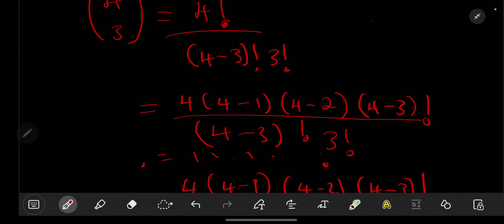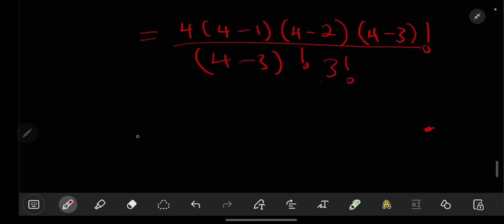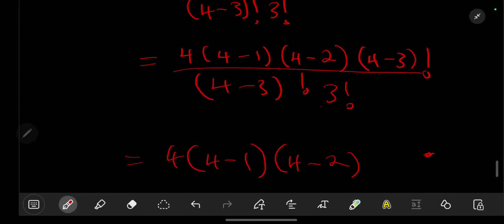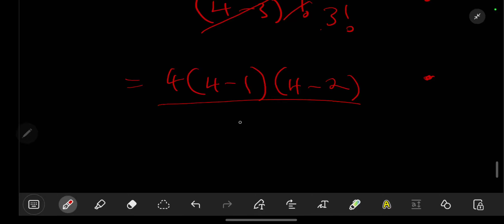Then the value it's going to give us is equivalent to 4 open brackets, 4 minus 1, 4 minus 2. Then we have 4. As you can see, this and this cancels. So we are going to remain with over 3 factorial.